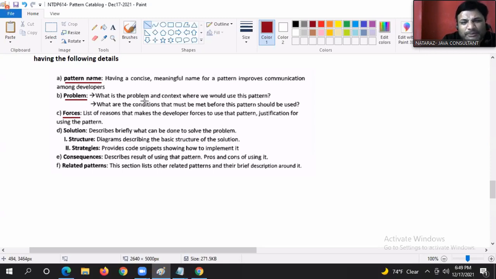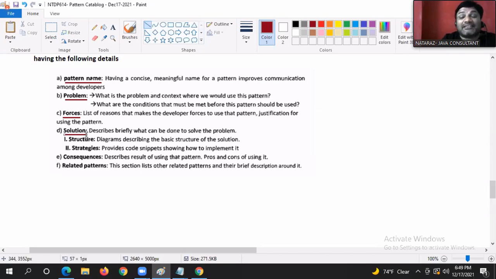Singleton class. What is the problem? When a class is not having state, creating more objects for that class wastes time, memory, and CPU time. What forces you to minimize the wastage of memory and utilize CPU effectively? We need to think about this pattern. Next, solution.